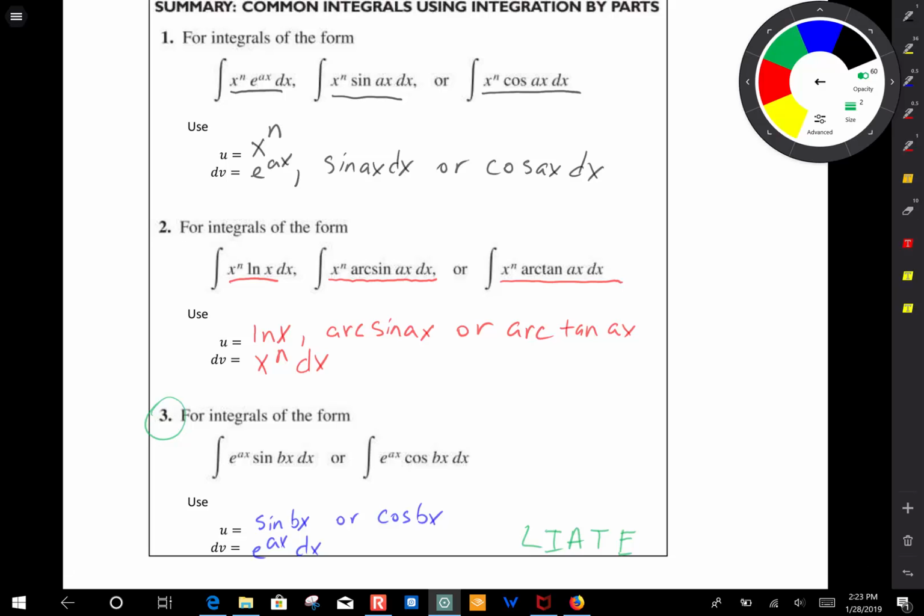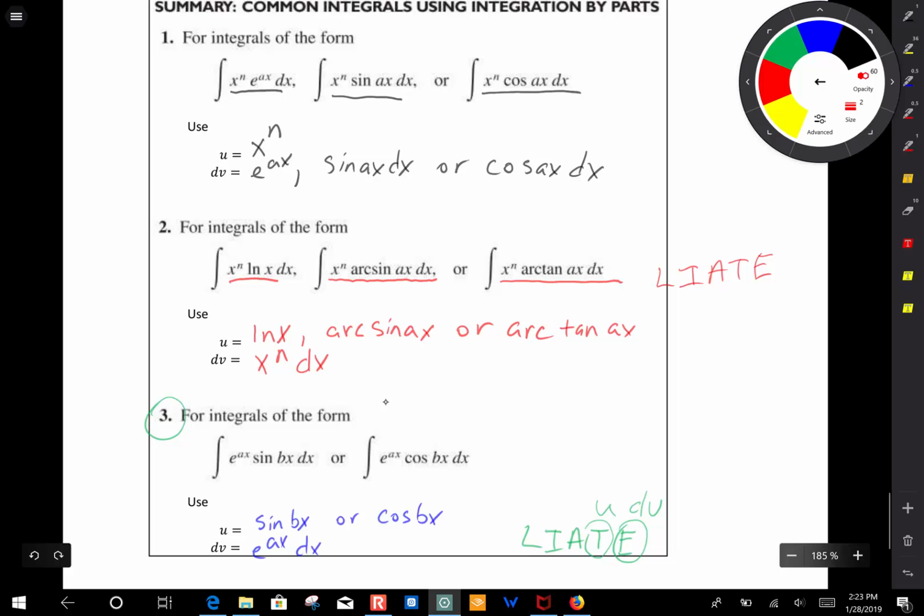Notice all three are using the acronym. See how they're using the actual LIATE?